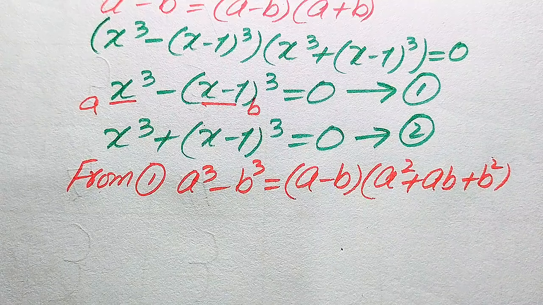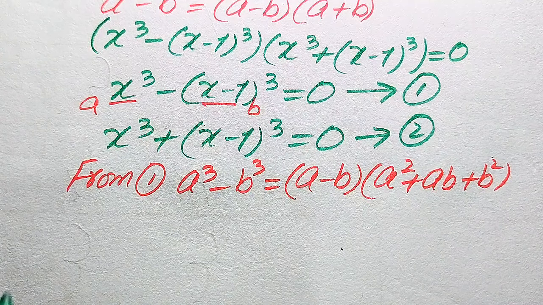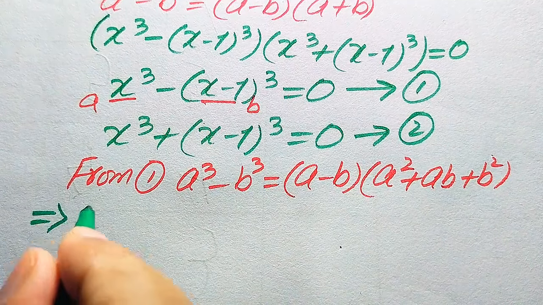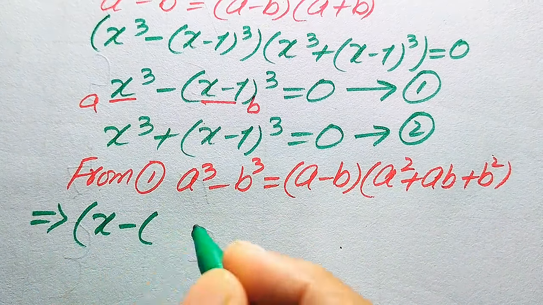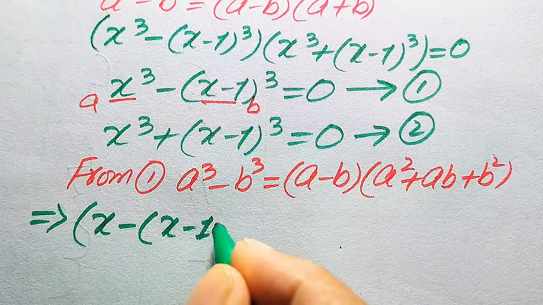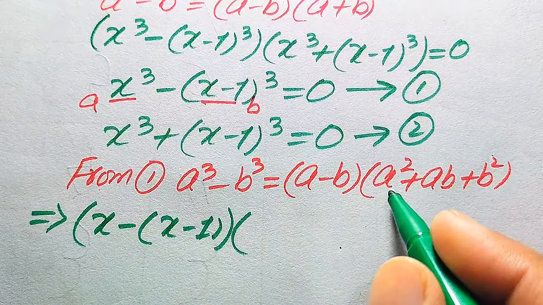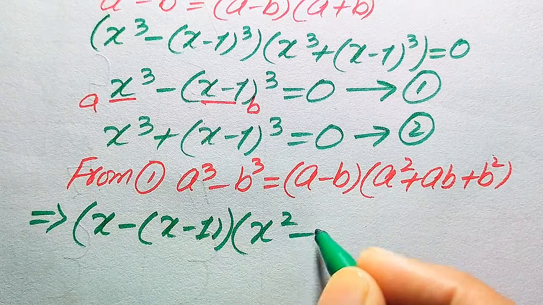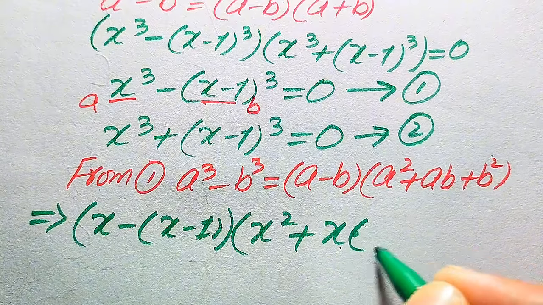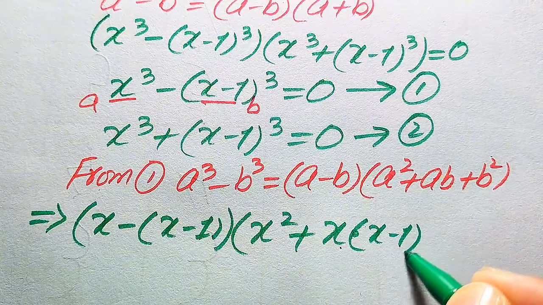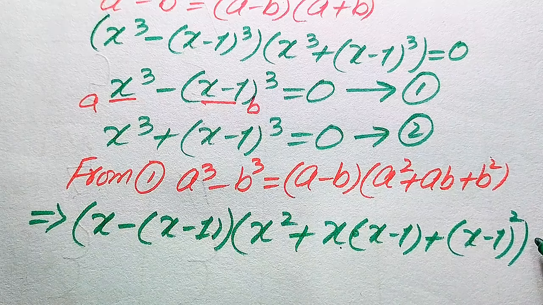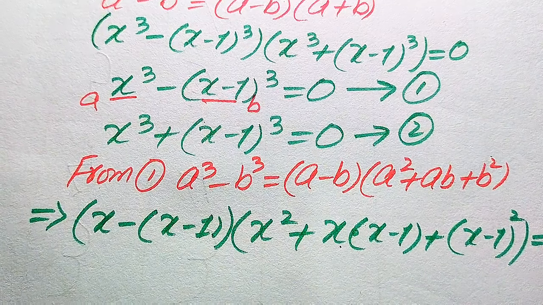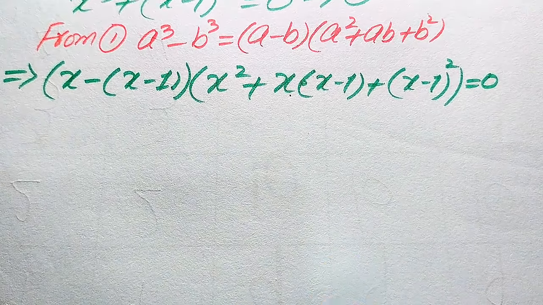So here we just substitute the values of a and b into the right hand side, and it becomes: first you have a minus b, the value of a is x, and the value of b is (x minus 1), times, again we have a square, a is x square, plus a is x and b is (x minus 1), plus b square, so b is (x minus 1) square, and this whole equation is equal to 0.